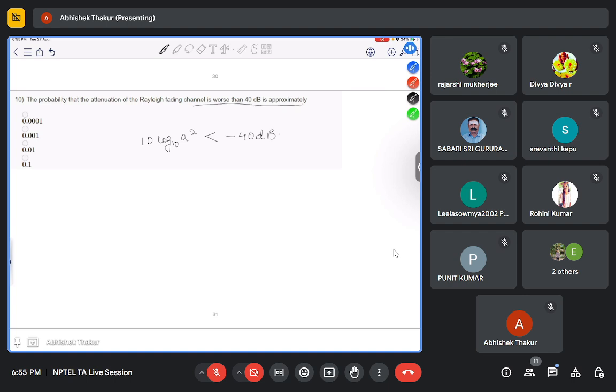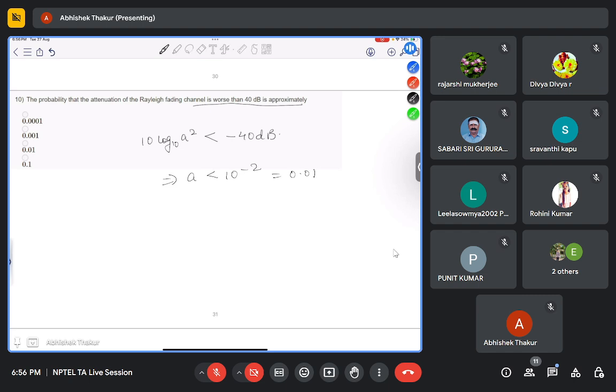This can be written as A squared less than 10 to the power of minus 4, so A is less than 10 to the power of minus 2. So the answer will be like 0.01.